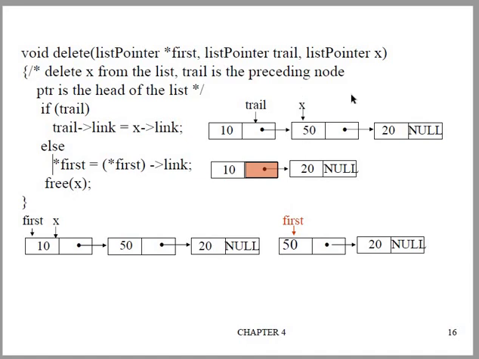We want to delete x from the list. So x is the pointer which will point to a node, and that node we want to remove. So trail link equal to x link. Otherwise, if trail does not exist, then first equal to first link.